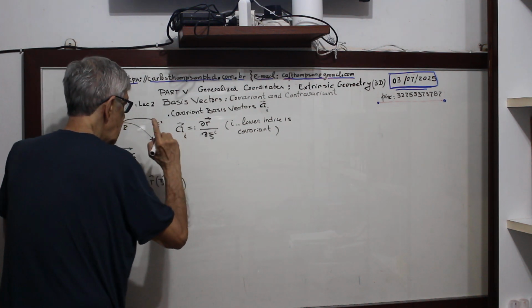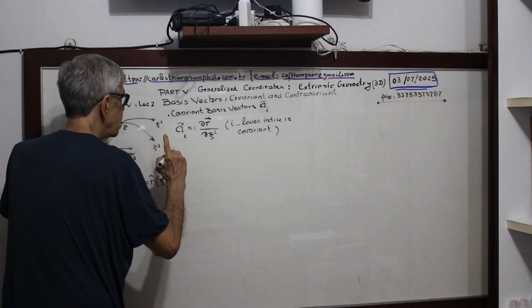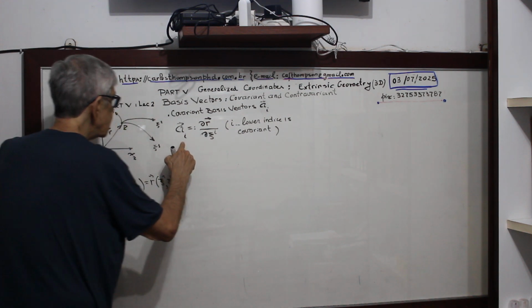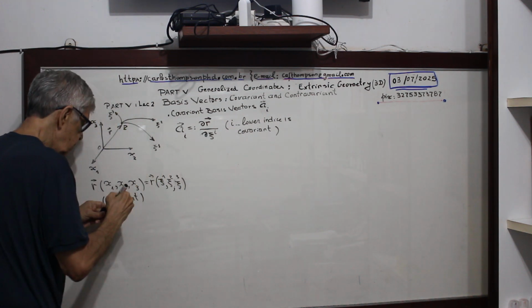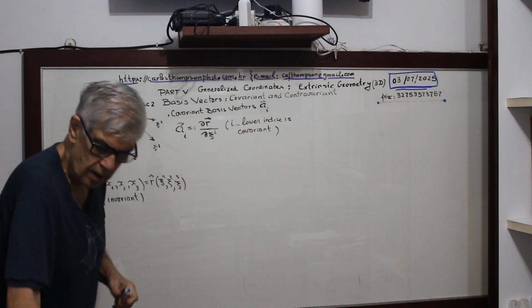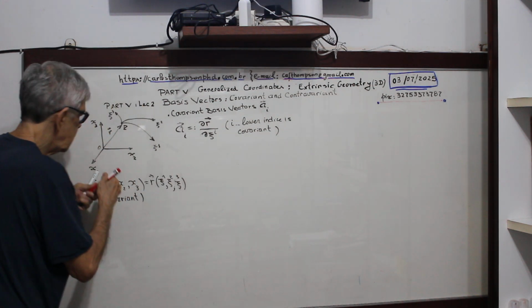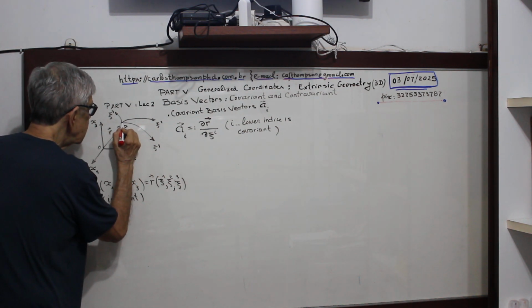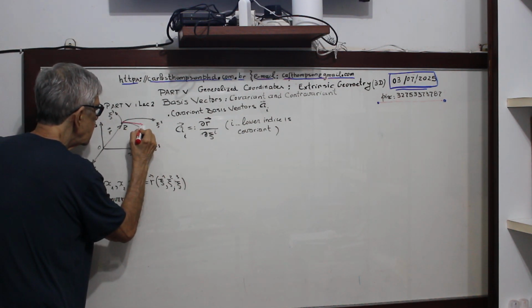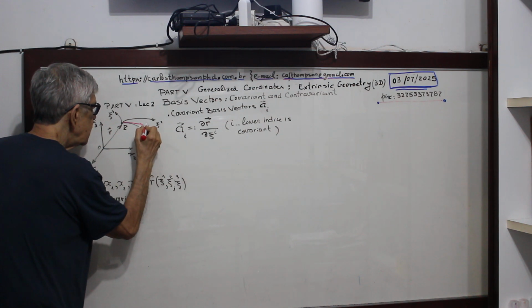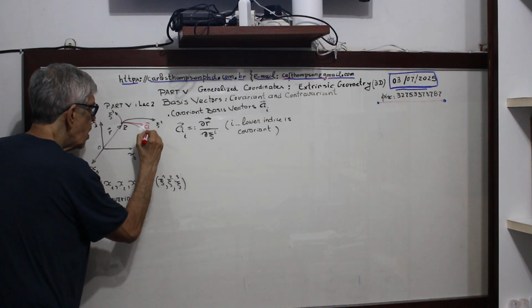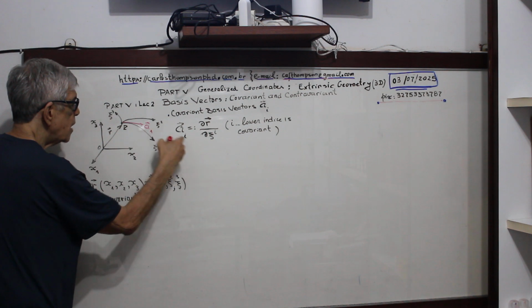Another important point: this is a tangent vector. I will put over here: this is A1, you see, this i is equal to 1.